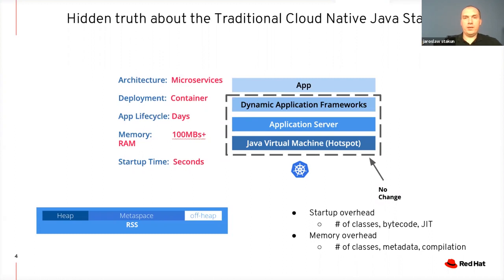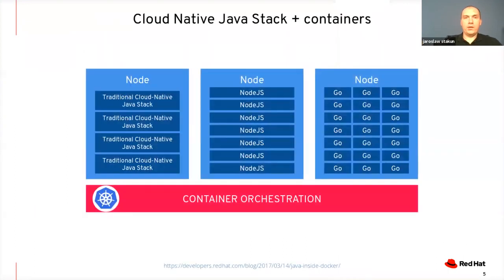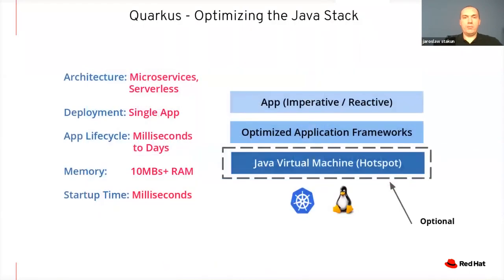This is how we can now compare the size of an application developed in Java and containerized with other technologies like Node.js or Go. And these are the main reasons why the Quarkus stack has been created.